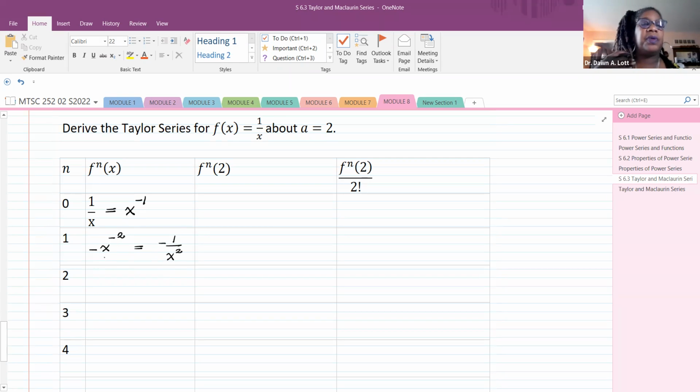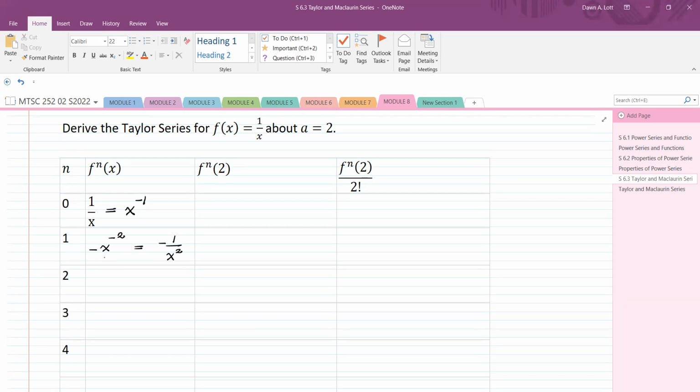What's the derivative of negative x to the negative 2? Each time we keep subtracting 1 from the exponent.